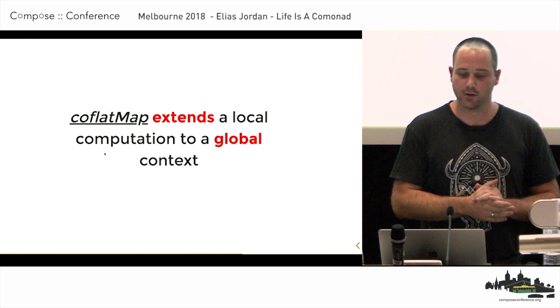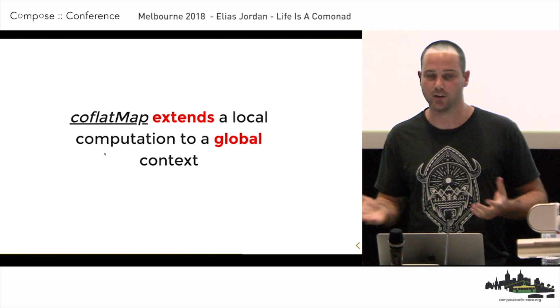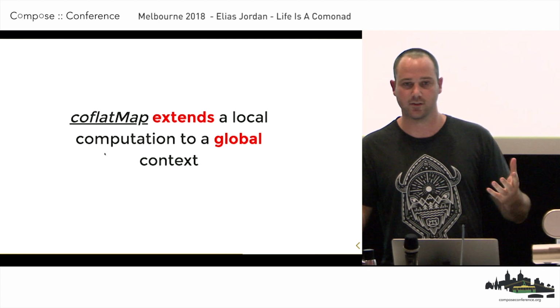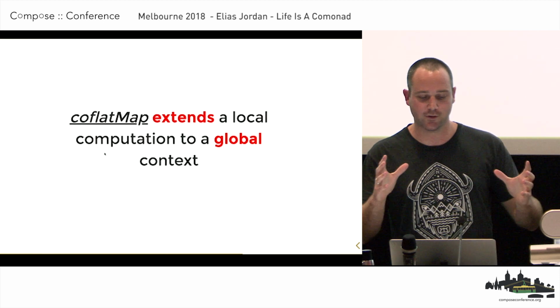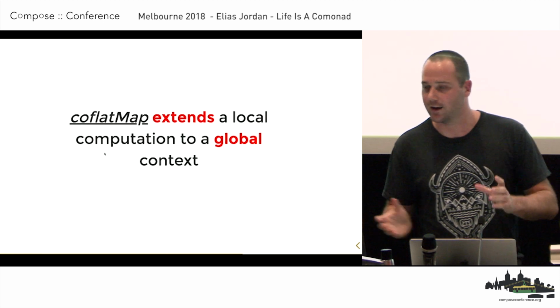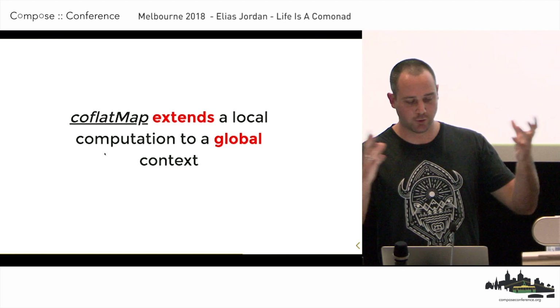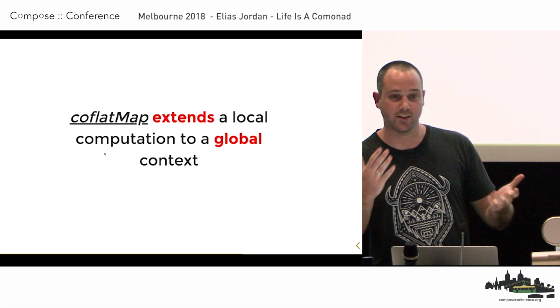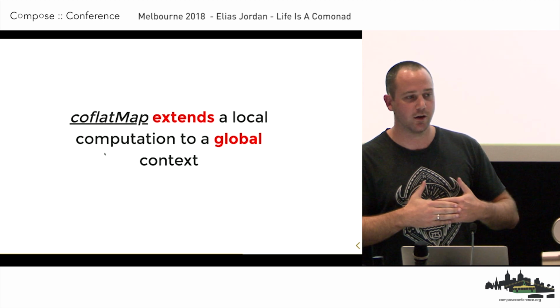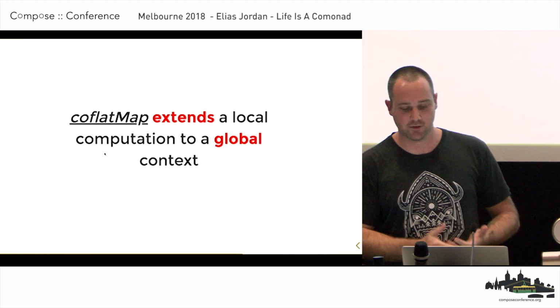So co-flat map extends a local computation into a global context. This is one of those very terse phrases you might hear online when you're researching comonads. I hope I've given you an intuitive understanding of what it means now and how you can use these analogies to help understand it.